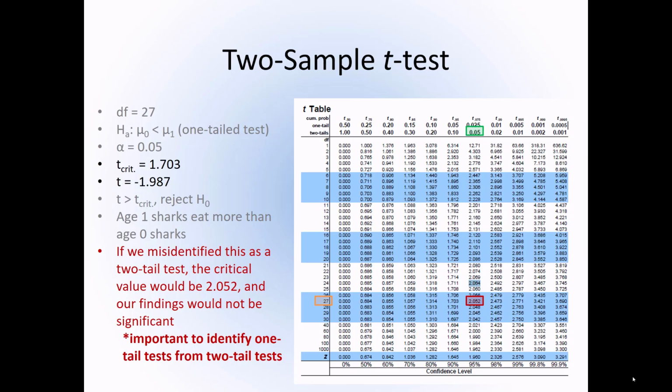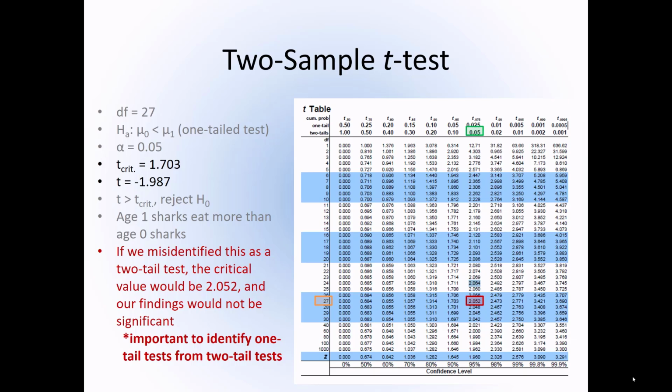We wouldn't have enough support. And so it's important as we move forward not only to be able to calculate these test statistics and to use the t-table to get the critical value, it's important to determine if we have a one-tailed test or a two-tailed test based on the information that we're given and the question of interest.